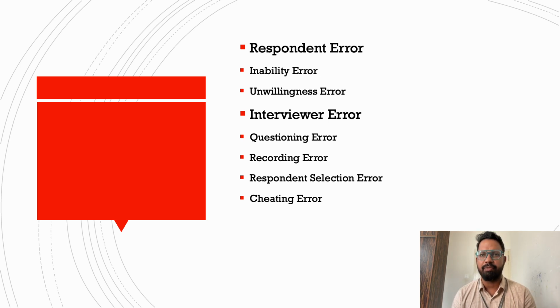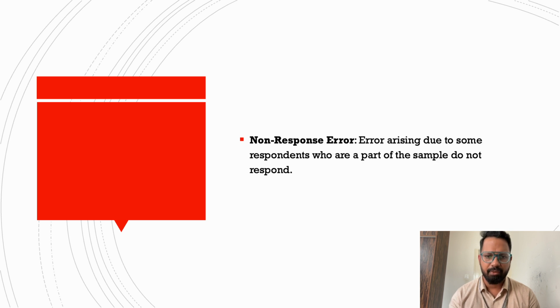Sometimes, in order to save time or money, the investigator, who wants to collect information from a particular area, say a tribal area, instead of visiting there and collecting information, simply fills it in on their own, based on their understanding. That is what we call cheating error. So these are the errors we have in the non-response error.